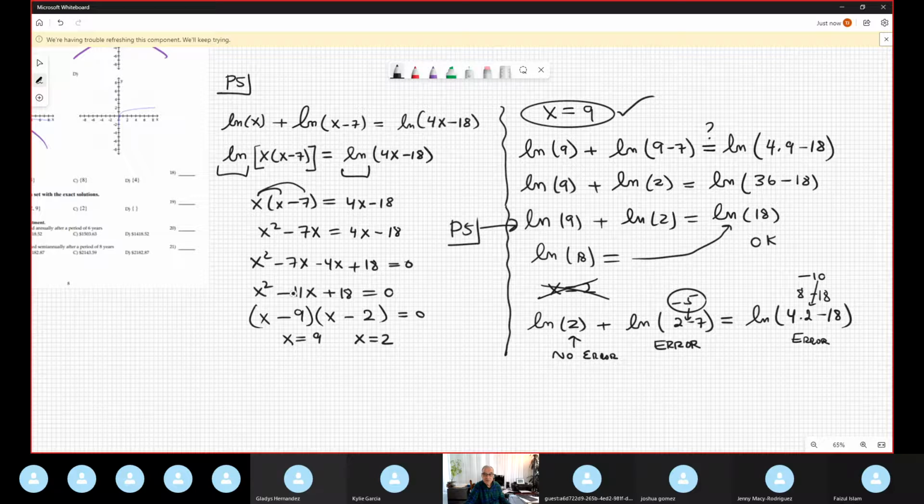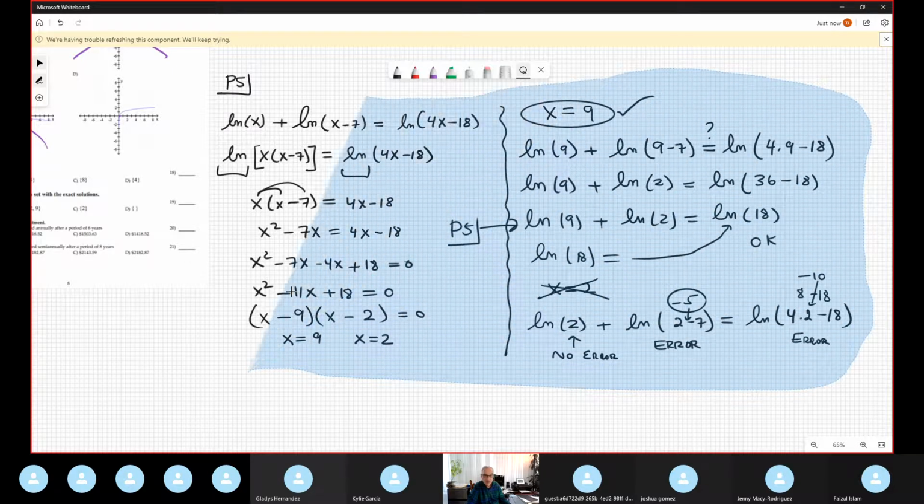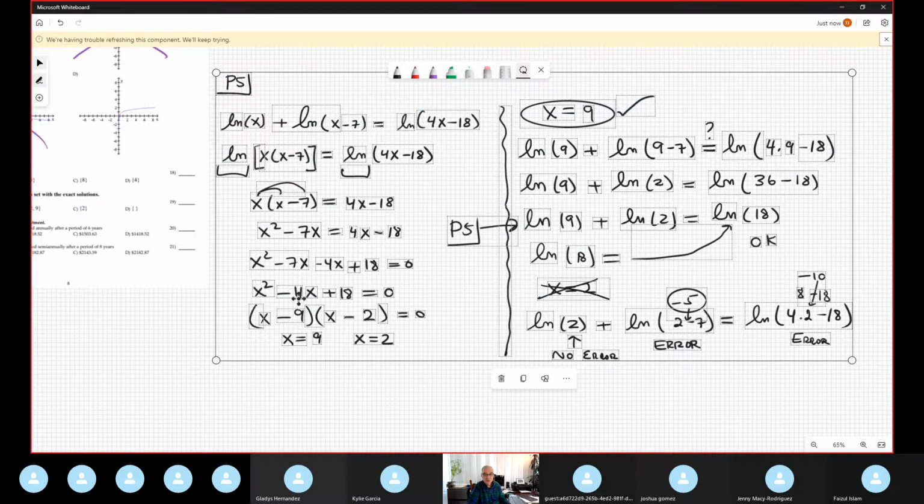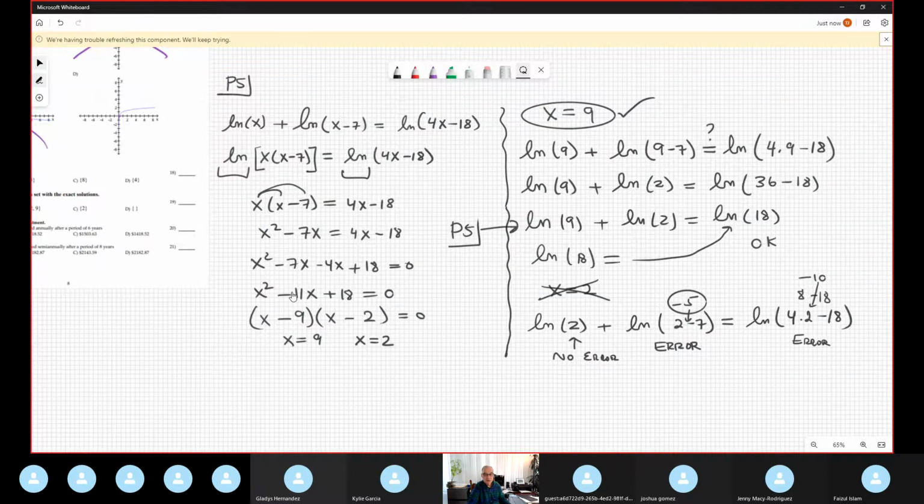Okay, so the first problem that we are doing is the problem of finance: money, future value, present value, interest rate, compounding times.